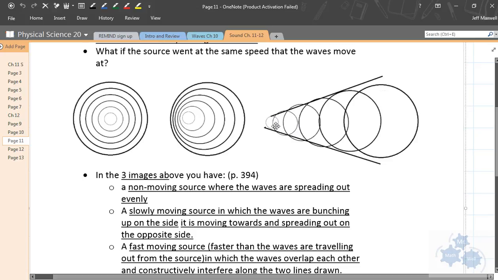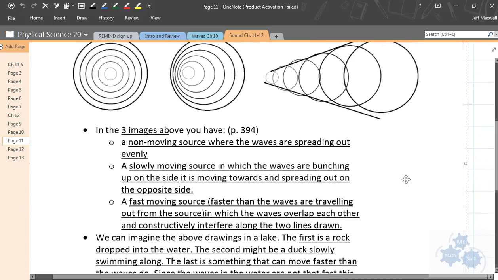If you think about these circles as crests, or areas of high compression, look at how they overlap here. It's actually in a conical shape, in 3 dimensions. You have these areas of high compression and high amplitude, and that's when you hear that explosion, because it's a really intense combination of these lines.